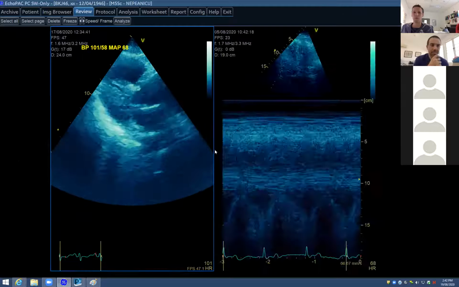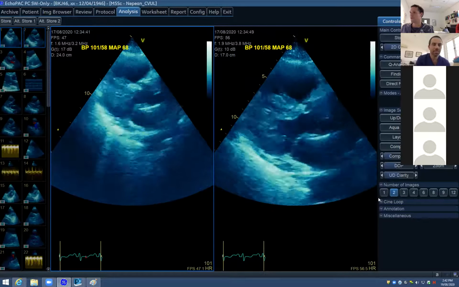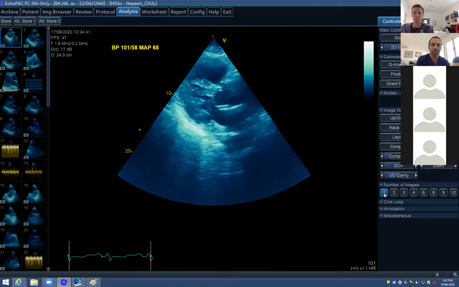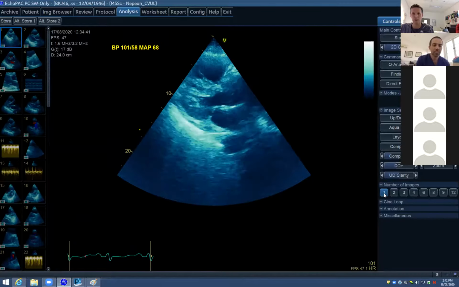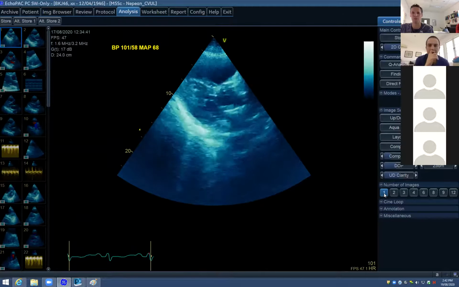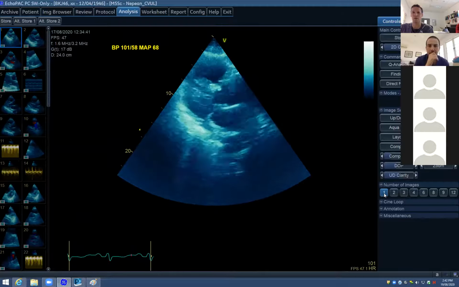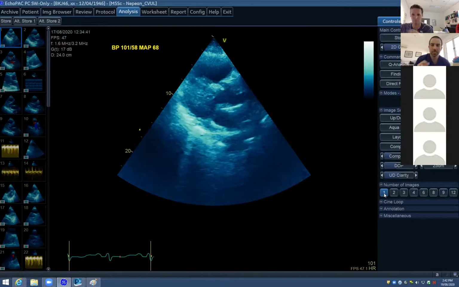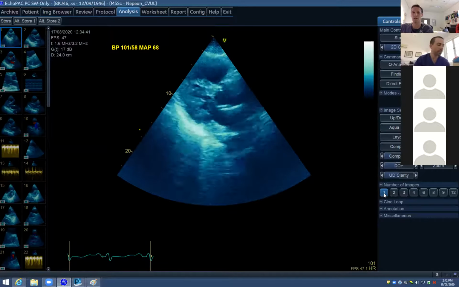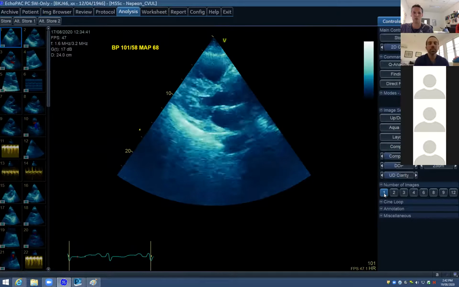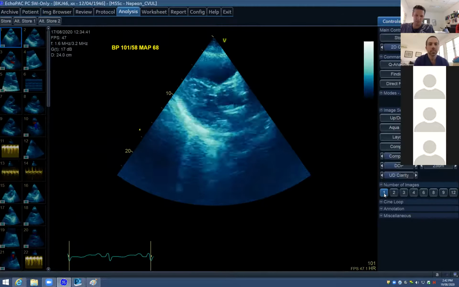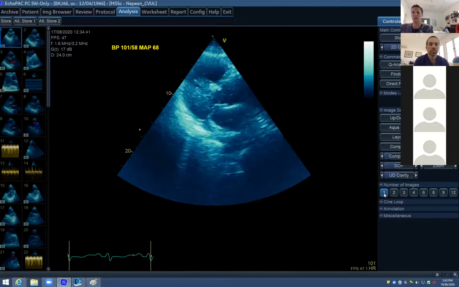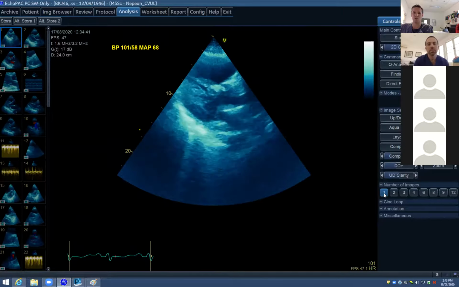This guy got intubated, and he was requiring a little bit of noradrenaline to support him, in the single figure range of infusions. And this was his echo day before yesterday, which we did less than 24 hours after he got intubated.